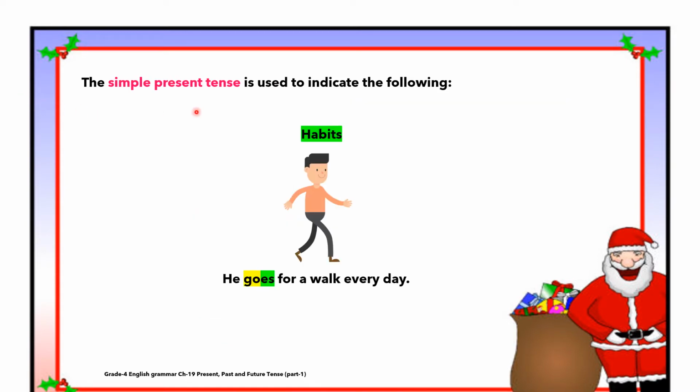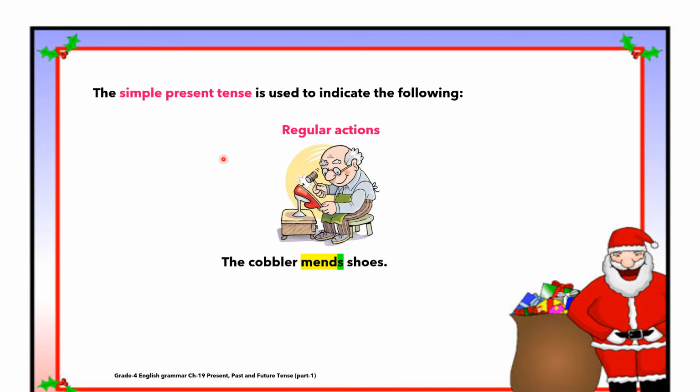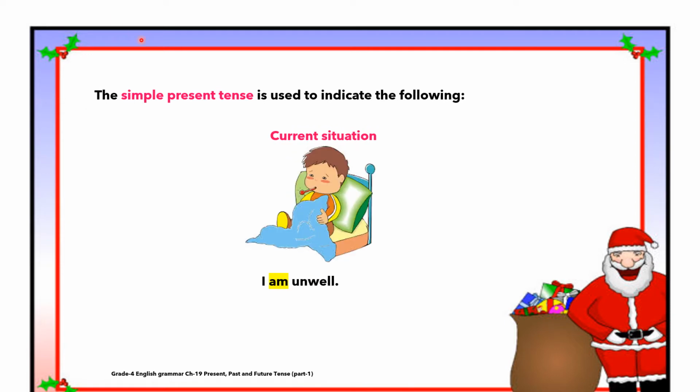The simple present tense is used to indicate the following. Habits. He goes for a walk every day. Regular actions. The cobbler mends shoes. Current situation.